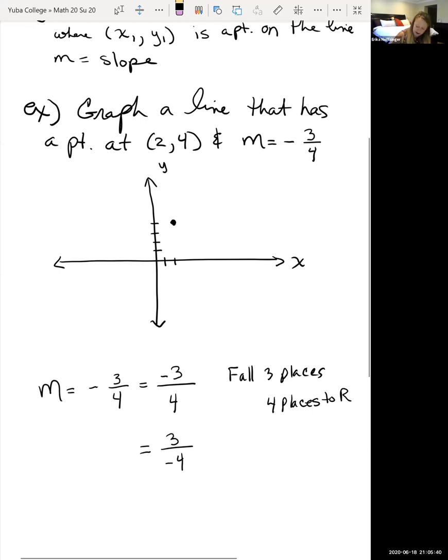So from here, if I fall 3 places, and then I run over 4 places, that would be where I'm going to place my new point.